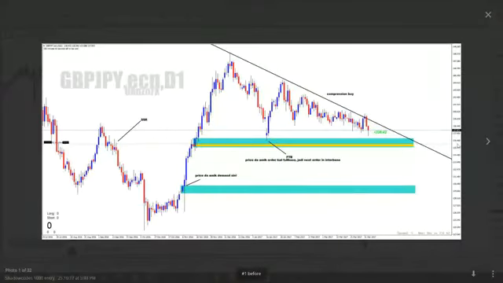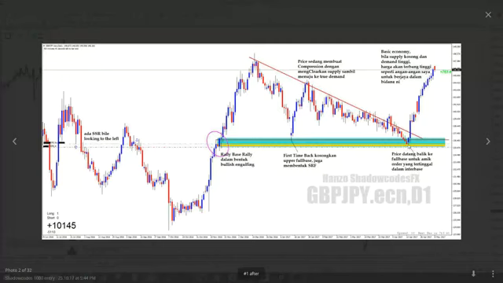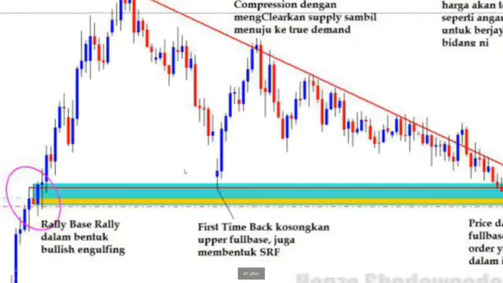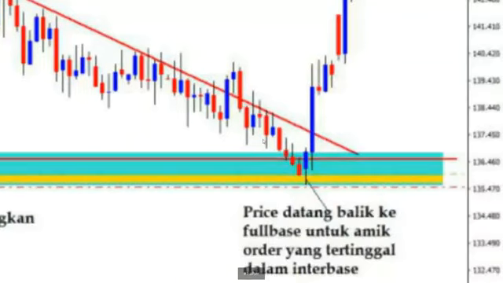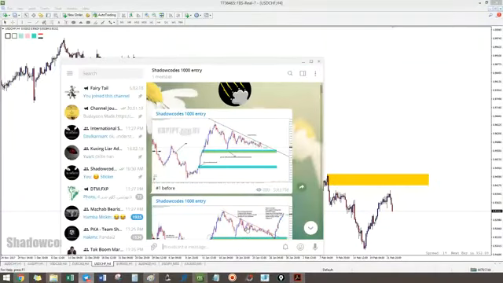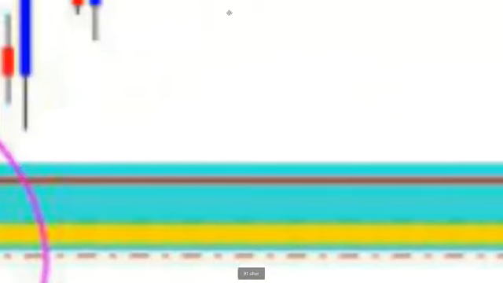For example, this one. So this is a sell limit. Sell limit is not a thing because we need to wait for rejection. So this one got a rejection. But if you go to a lower time frame, for example, over here, you will see a lot of small zones of clean breakout, clean breakout, clean breakout.